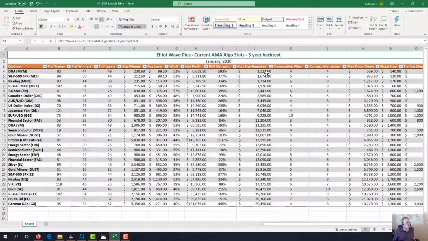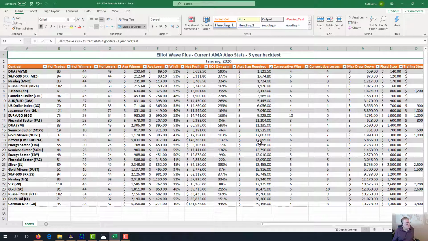It's just that you can start with an account size that is 1/10 what you need to start taking these algo signals on the Dow Jones Industrial Average. The percentage stats are the same. It's just that the numerical stats are 1/10 every time. So the average winner is $230. The average loser is only $89. The maximum of 4 losses in a row, that sort of thing.